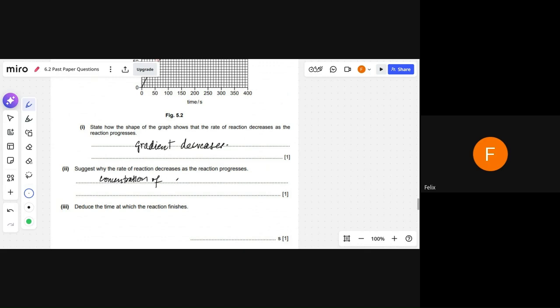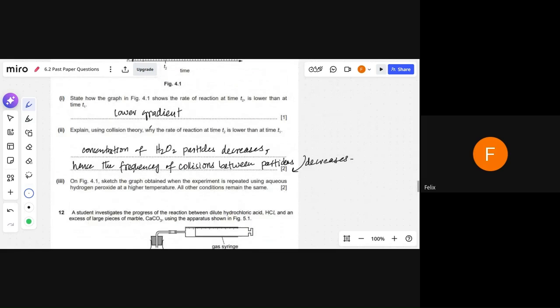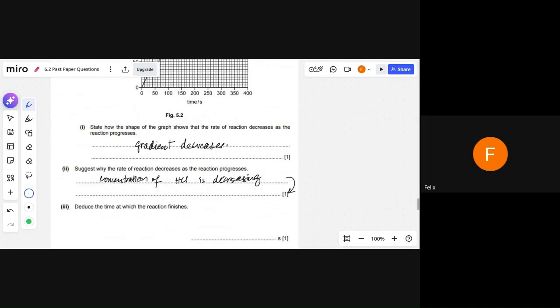Since it is 1 mark, there is no need to write about collision theory. In the previous question they specifically asked to explain using collision theory why the rate of reaction at time T2 is lower than at time T1, so that's why we answered it more elaborately. But here they're asking a simple question.